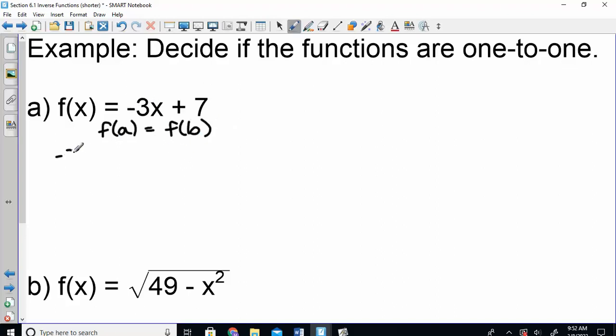Okay, so f of a would be negative 3a plus 7 equals f of b would be negative 3b plus 7. So we're getting the same y value both times. So let's solve this equation. If I wanted to get a by itself, you subtract your 7, then what would you do?